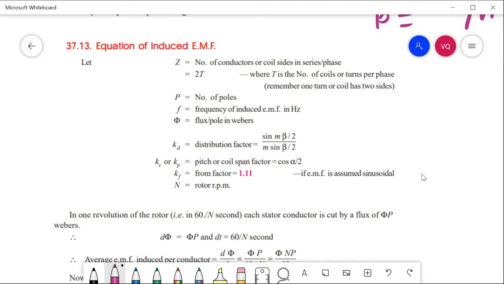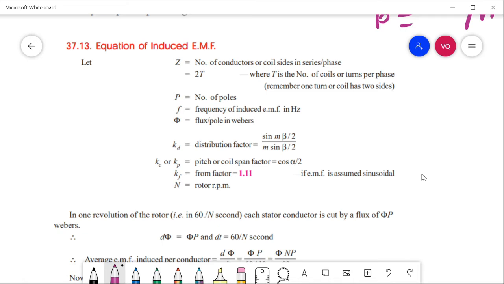So remember, one turn or coil has two sides. P is the number of poles, F is the frequency of induced EMF in Hertz, flux is the flux per pole in Webers. So KD, or distribution factor, KP, pitch or coil span factor, cosine alpha divided by 2.